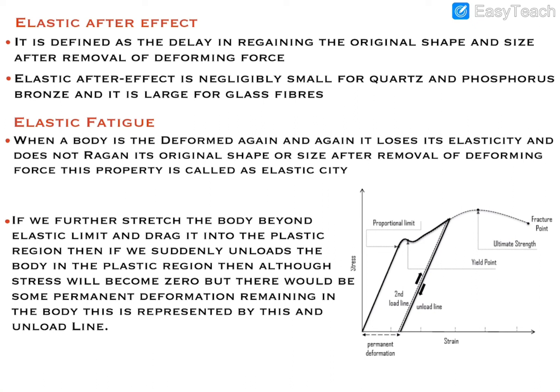The elastic after effect is negligible for quartz and phosphor bronze, which means that when we deform a quartz crystal and a phosphor bronze crystal, then it would regain its original shape and size in a very small time. But it is very large for glass fibers.